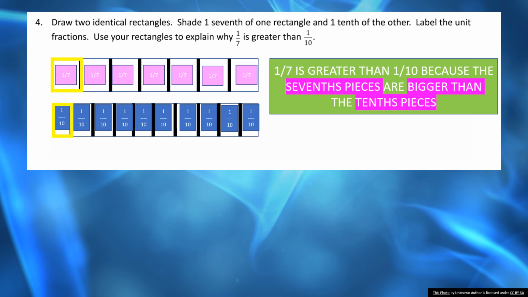If you think about a whole pizza, if you cut that pizza into 7 pieces and then you cut a different pizza into 10 pieces, the pizza with the 7 pieces, those slices are going to be bigger than the pizza cut into 10s. Takes up more space, all right? They're going to be larger. So 7ths are bigger than 10ths.